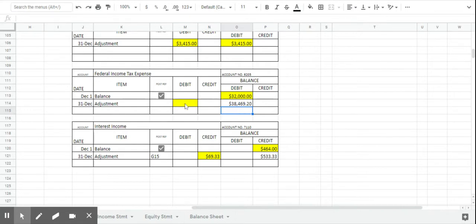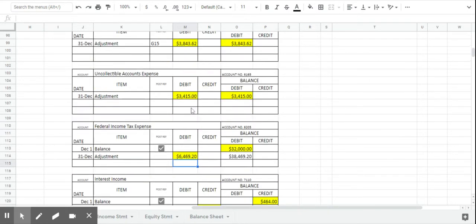So the adjustment is the difference between those two. So if I subtract 32,000 from 38,000, I get 6,469.20. So there's your adjustment. This is the debit.